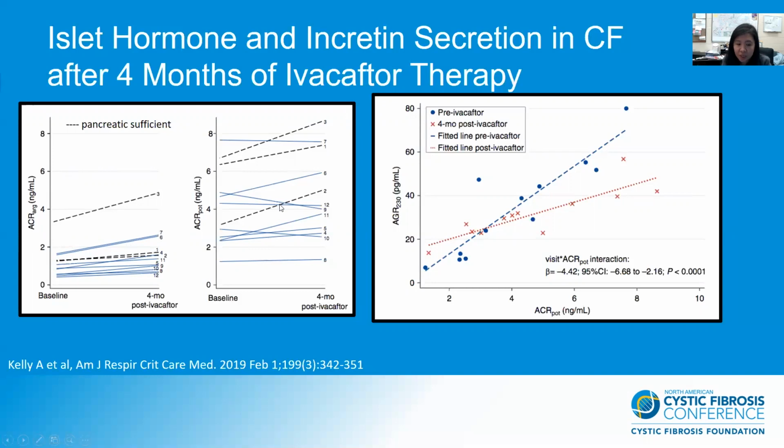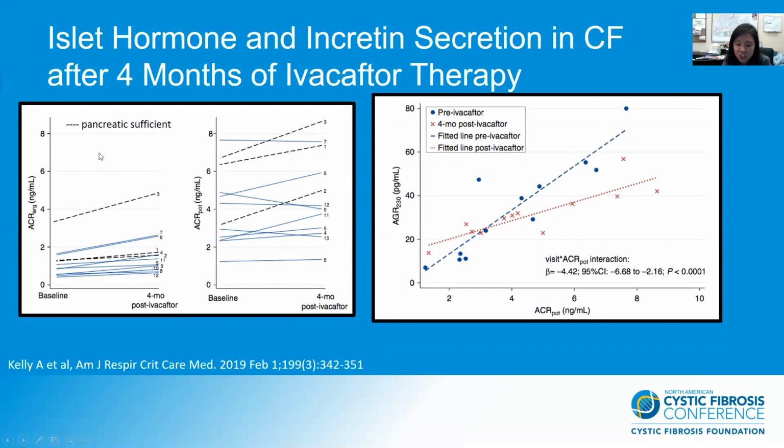So baseline is on the left side of the graph for both, and then responses at 4 months post-ivacaftor treatment are on the right. So the dotted lines are pancreatic sufficient individuals, and the pancreatic insufficient individuals are represented in the solid blue lines.